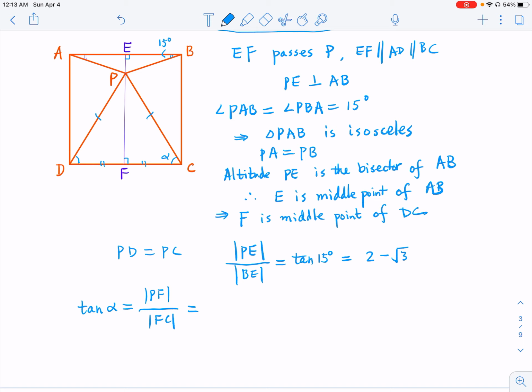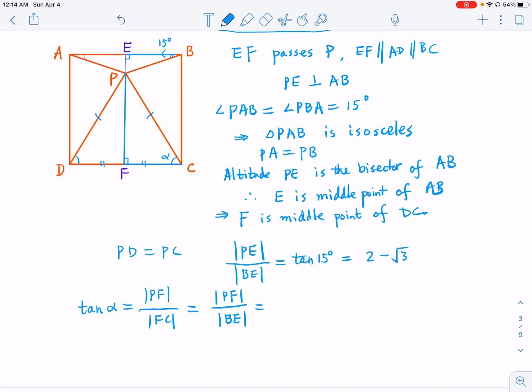And FC of course is equal to BE. FC is here, and BE is over there, so they are equal to each other. And what is PF? PF is equal to the whole EF minus PE.